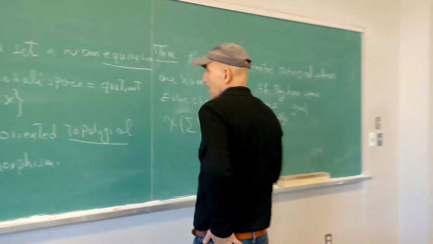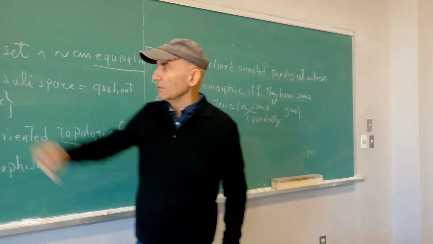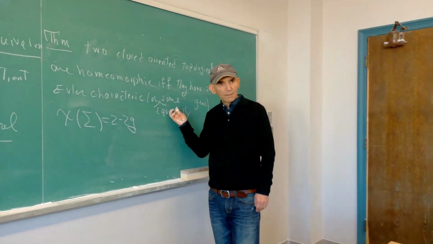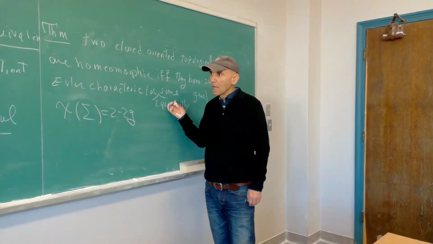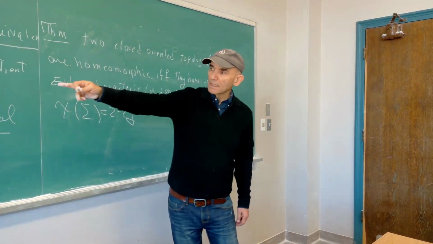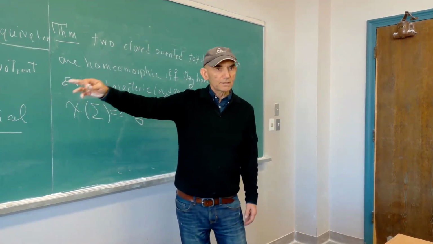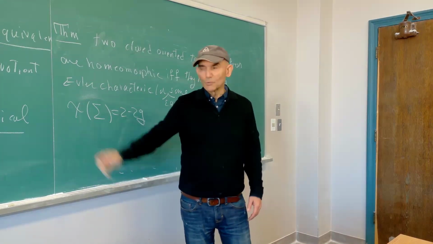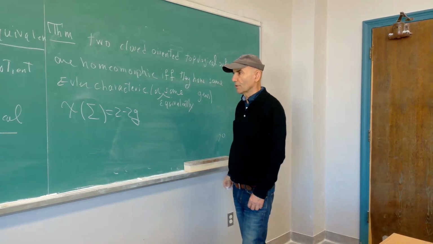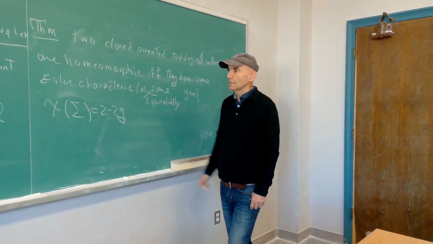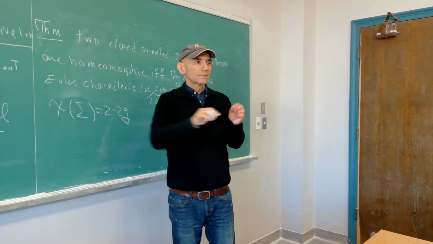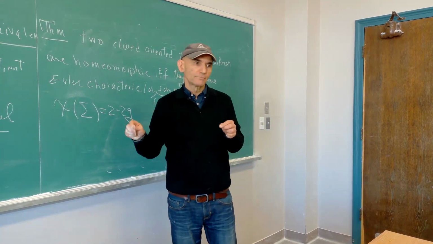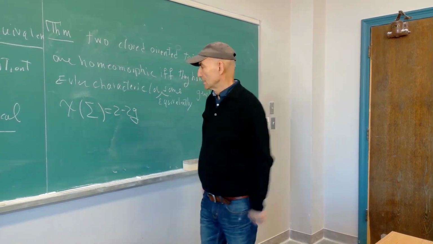So if we take X to be the set of all surfaces, and the equivalence relation is being isomorphic up to homeomorphism, then the quotient is just the set of non-negative integers 0, 1, 2, 3, right?